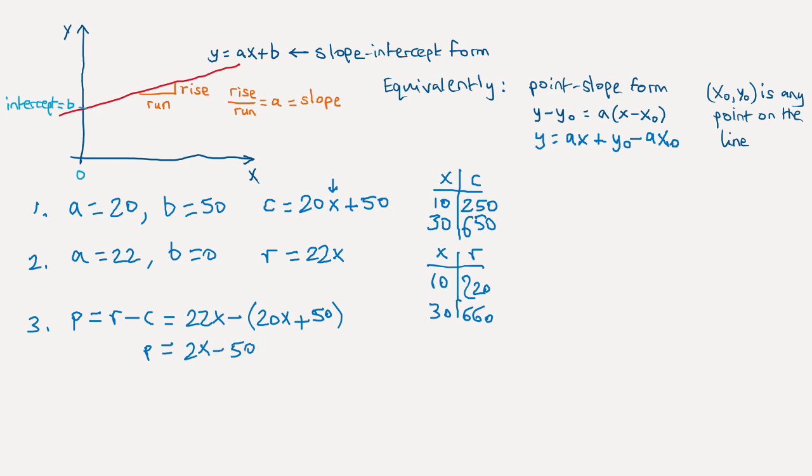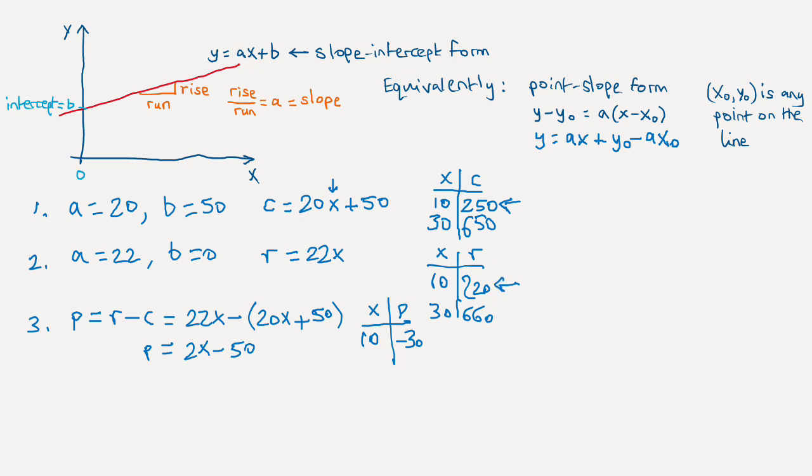And again, we could see what the profit looks like for different inputs x. So for example, if I'm producing 10 units, my profit would be 2 times 10 is 20, minus 50 would be minus 30. And we can see that from our earlier calculations.